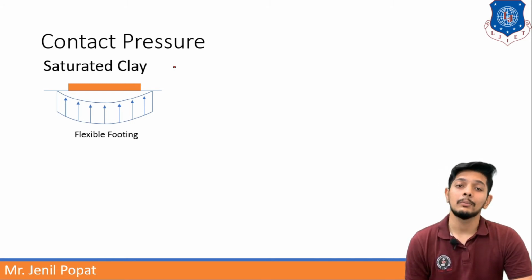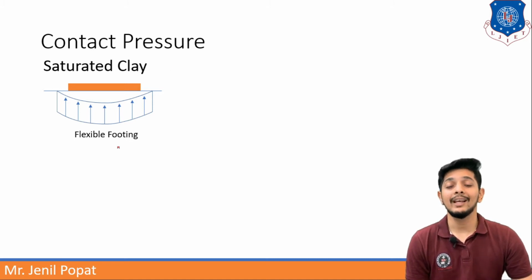Let us see examples of contact pressure one by one. Let us see the first case, a flexible footing on saturated clay. This figure shows a saturated clay and a flexible footing under uniform loading. Under uniform loading, if this footing is flexible, then the settlement will be in a bowl shape like this, with its maximum point at the center.